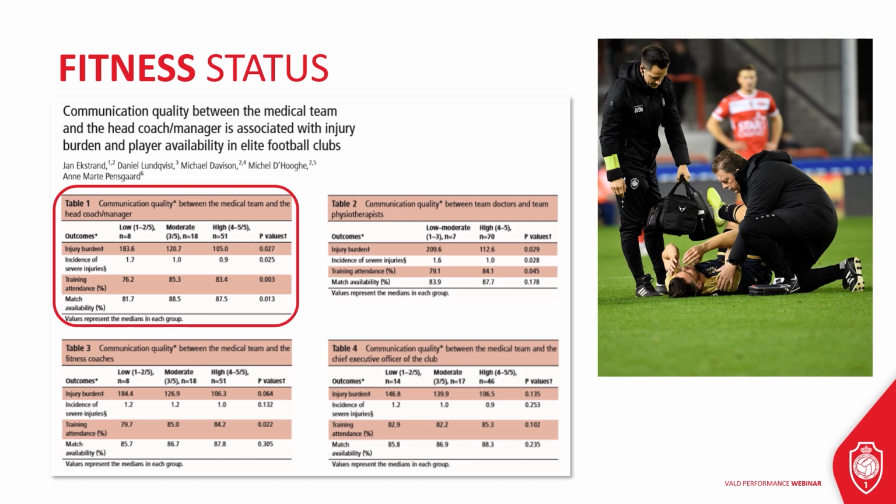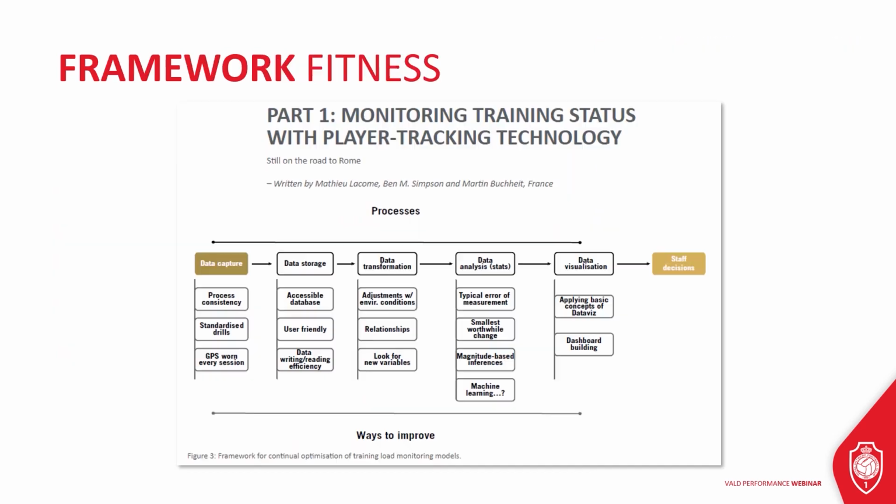And this tends to go on also for the other outcomes and for the other tables as well. So very important communication quality between all parts of medical staff, technical staff, and the club.